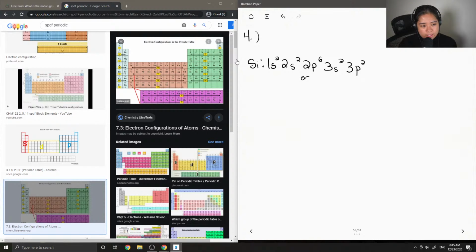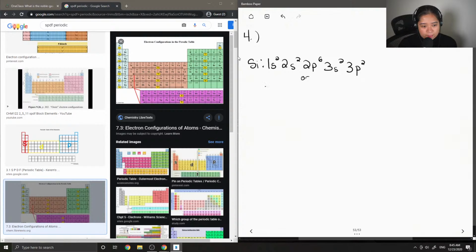So in this case, it's neon, and you just put it in square brackets. And then from there, you just go to the next row and carry out how you would normally find electron configuration. So it would be [Ne] 3s2, 3p2.